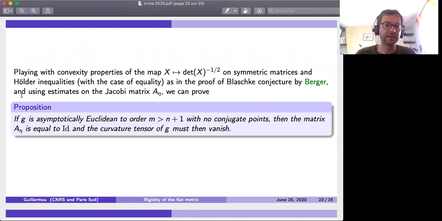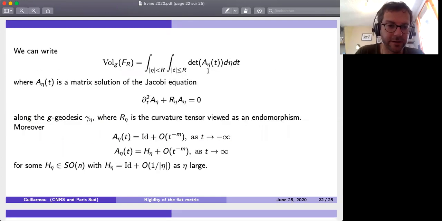But basically, the idea is that in the Euclidean case, A will be 1. It will be the identity. And you have to play with this convexity argument and Hölder inequality. What you can show is that you get an inequality, and equality holds only when the determinant of A is 1 and when A is the identity.